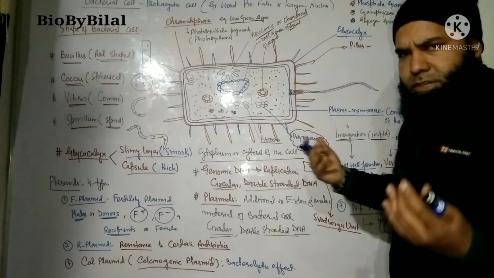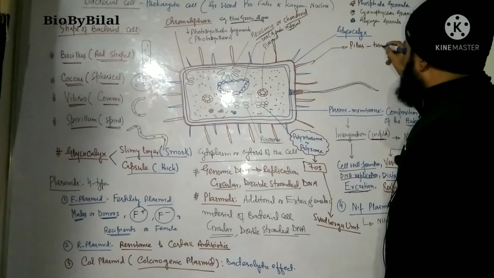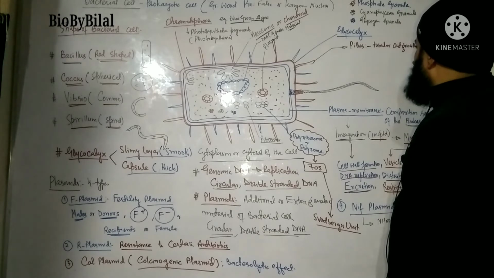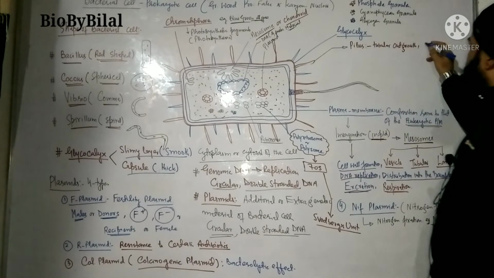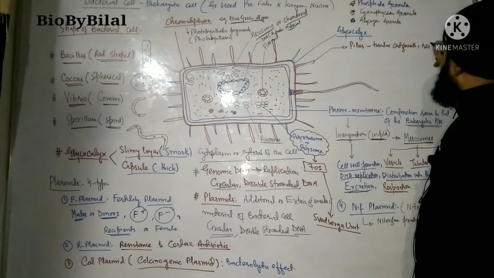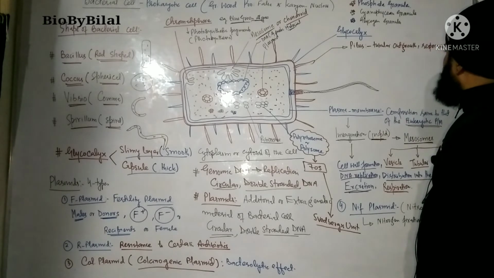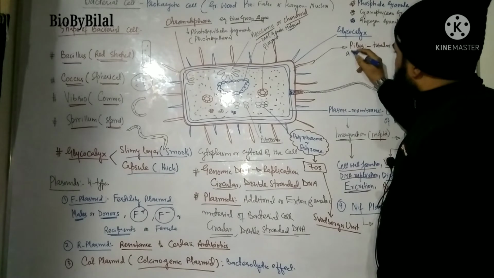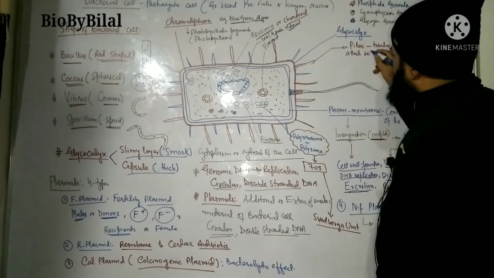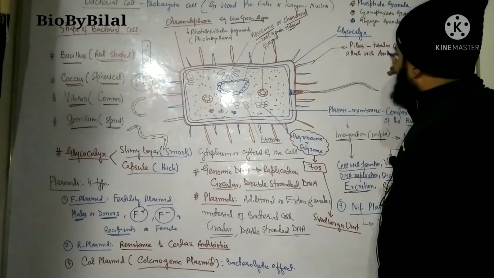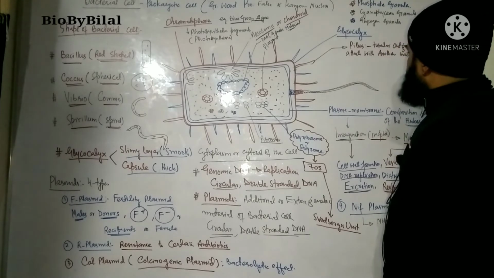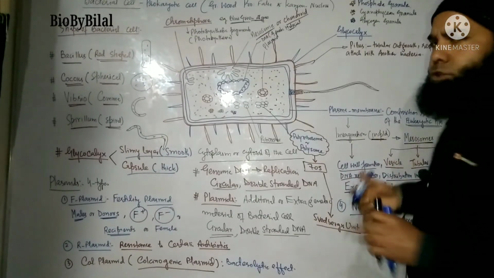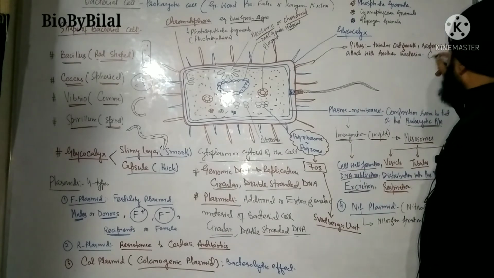What is it actually? It's a tubular outgrowth which is responsible to attach with another bacteria, and it is responsible to pass the genetic material to another bacteria. So it helps in conjugation. Must remember, it helps in conjugation.